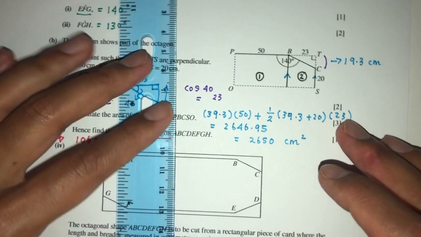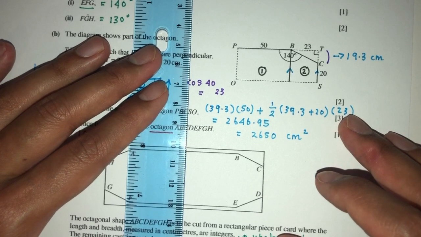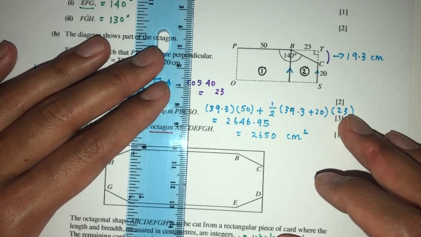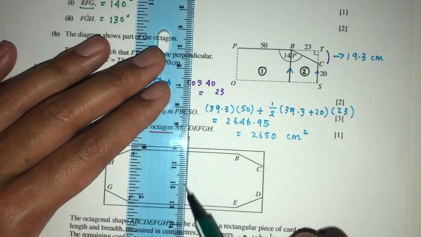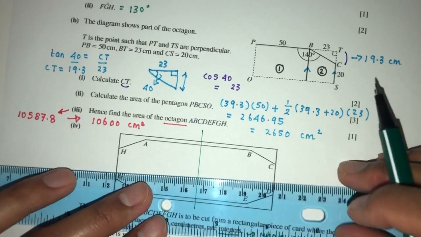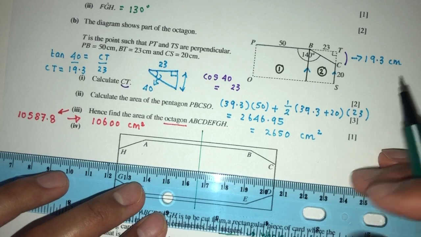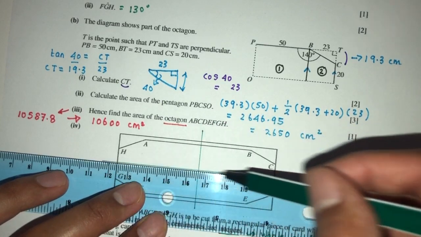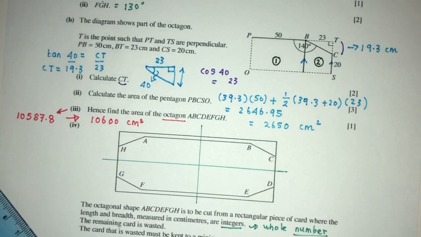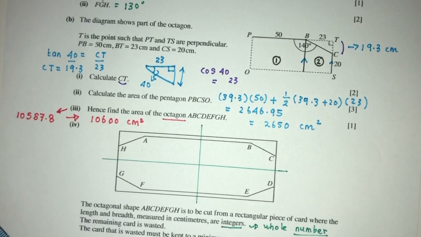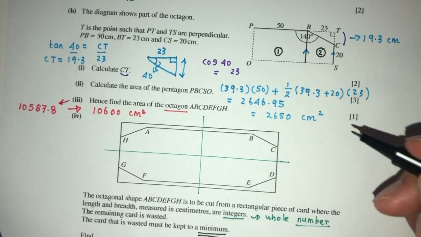Let me draw this shape, so we can have a better understanding of what to use or what's happening to help us. Right, so these will be the lines of symmetry.